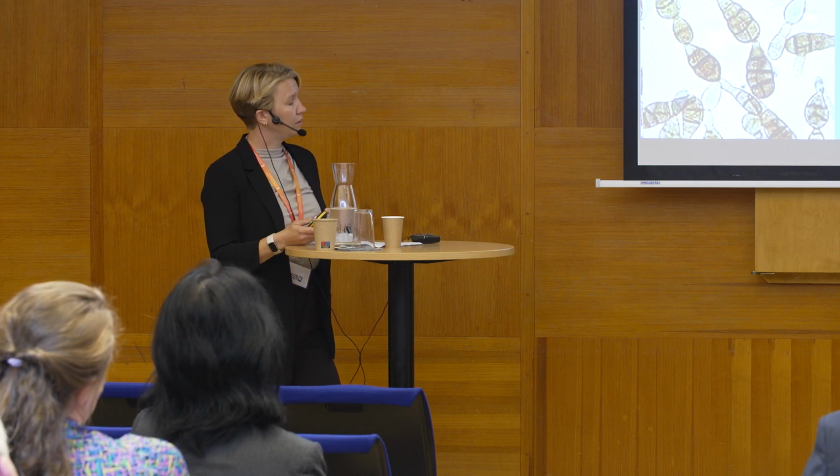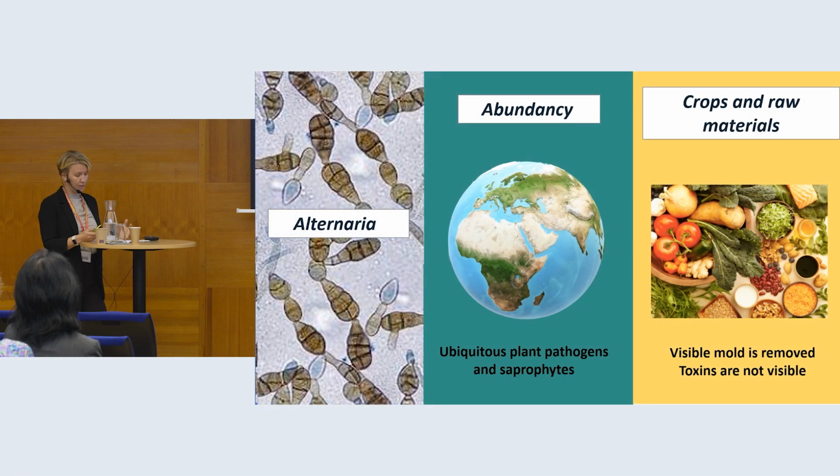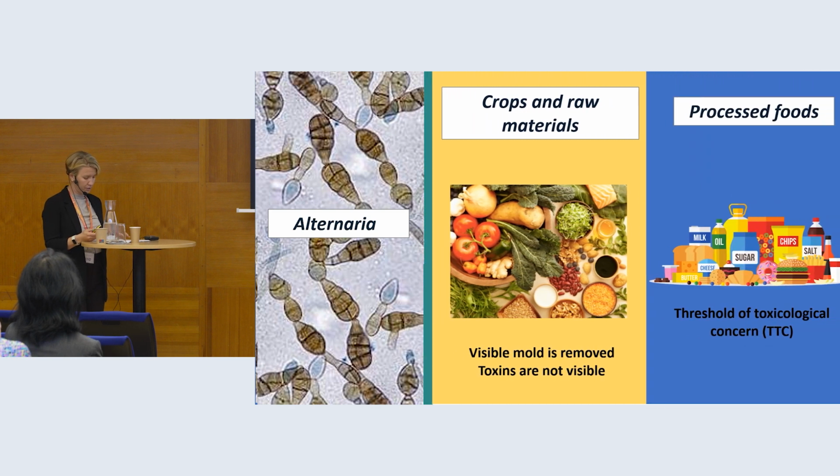So, as mentioned, mycotoxins are produced by different fungi or molds, and molds of the genus Alternaria are ubiquitous plant pathogens and saprophytes, which can adapt to a wide range of temperatures and humidity. So they're literally found all over the globe. And the Alternaria molds are well known to contaminate a broad range of crops and raw materials.